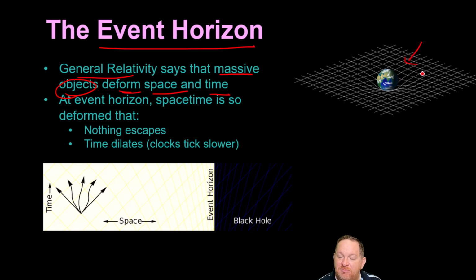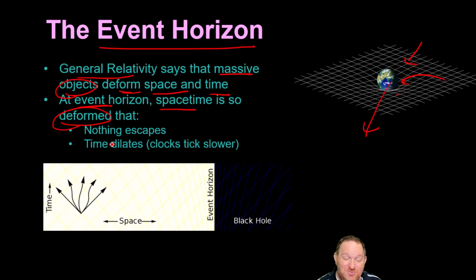So this was the example I gave you, right? So we got space and time here, the object bending it. Well, in black holes, the event horizon, space-time is so deformed, right? It's so deformed down that nothing can escape.